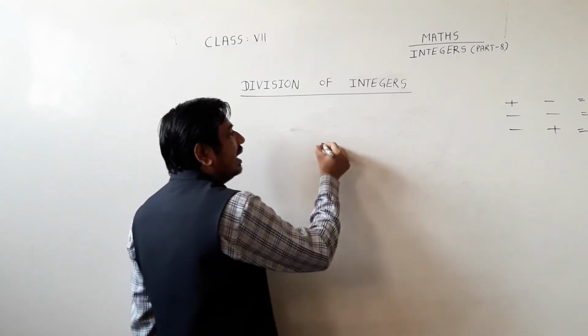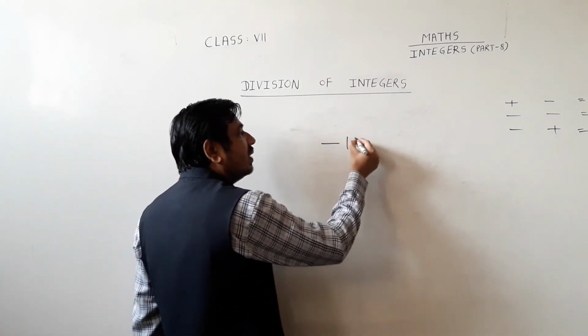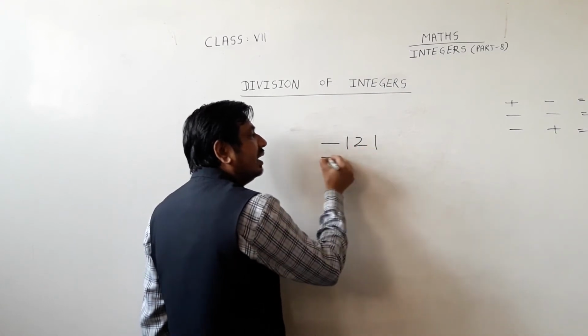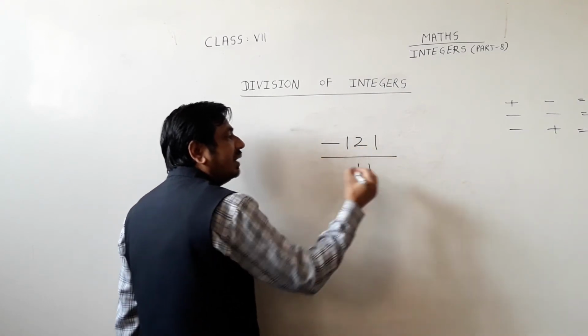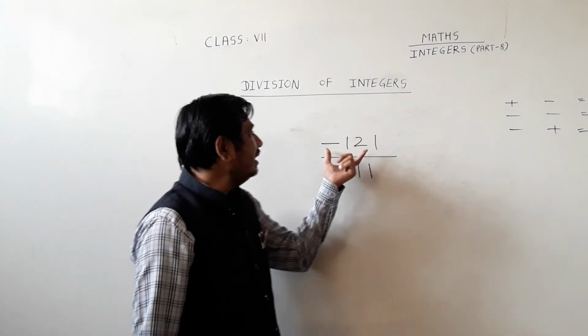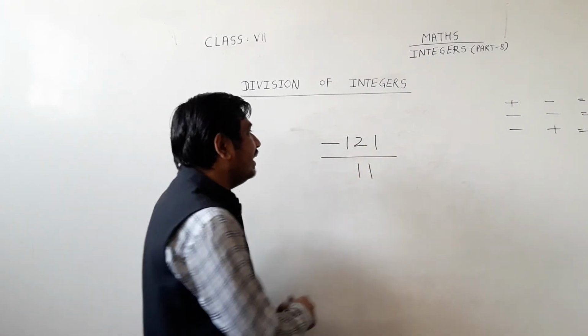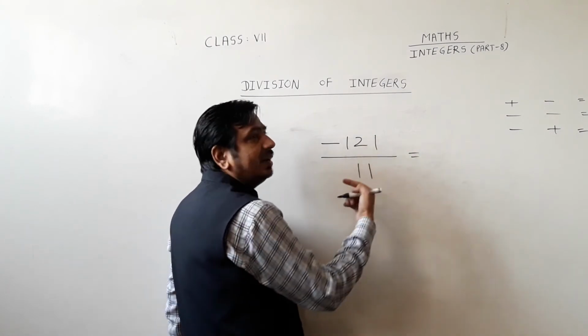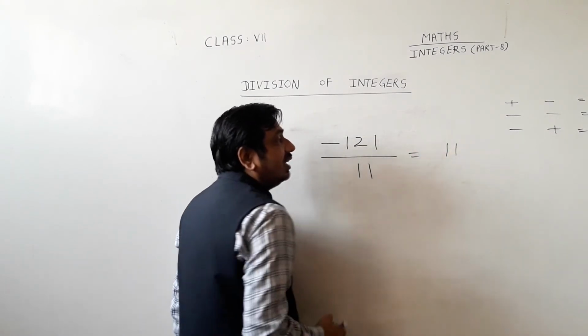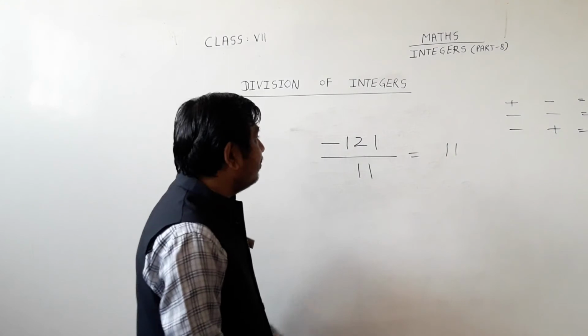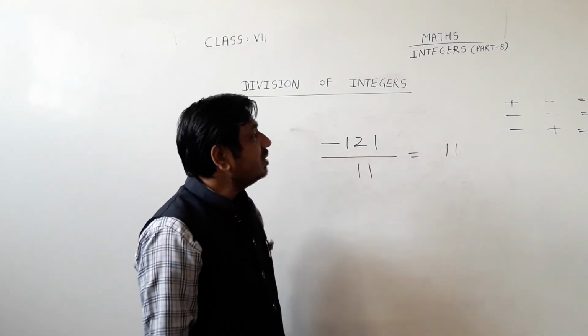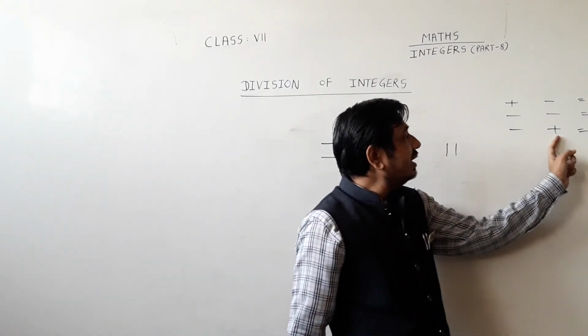Class, suppose I got minus 121 and it is to be divided by 11. Minus 121 is an integer and 11 is also another integer. Now you divide. Simply divide 121 by 11, you get 11. Now what is the sign of the result? The first number is negative and the second is positive.